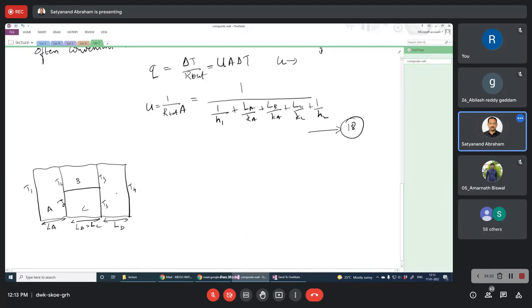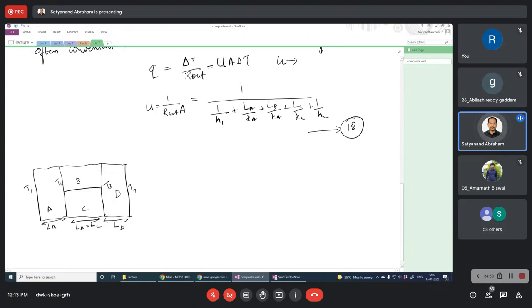Even though practically this is going to be a 2D conduction, obviously, in many practical conditions, we are assuming it to be a 1D conduction. If it is 1D conduction, that means the full surface should be at the same temperature.